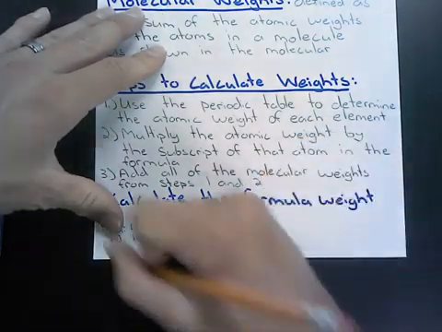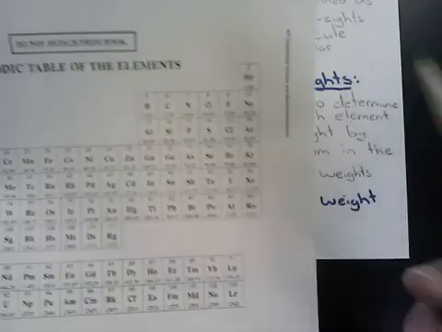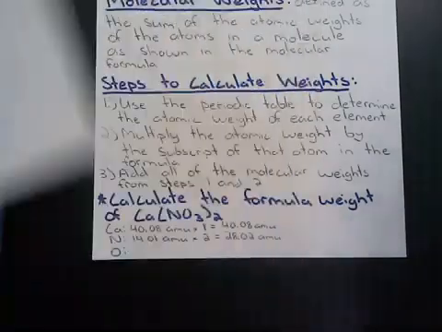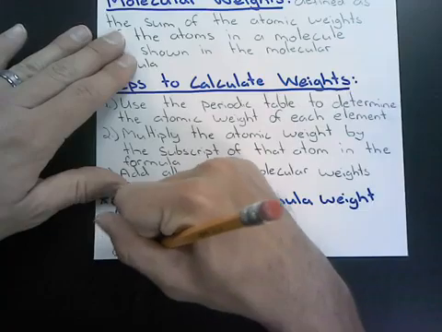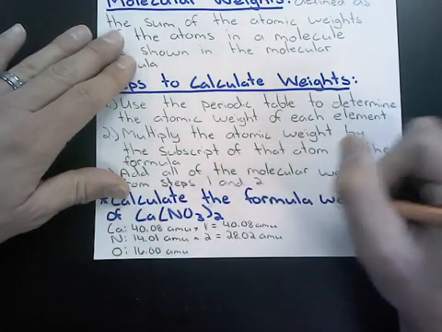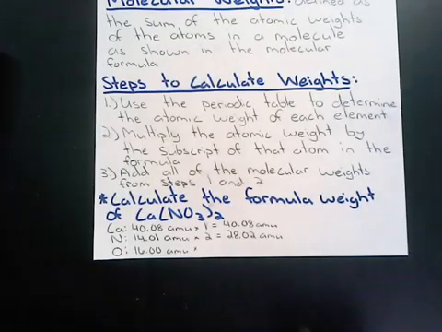AMU. And then we get down to O for oxygen. Same thing, we look up O for oxygen, and we find it has an atomic mass of 16.00. So we write down 16.00 AMU, and we multiply it by the number of O atoms we have.